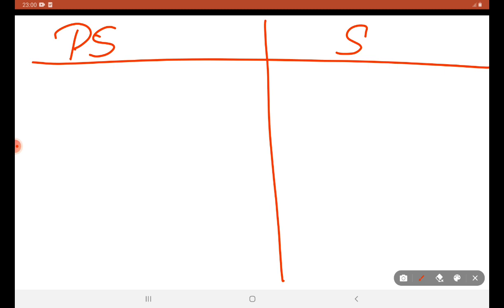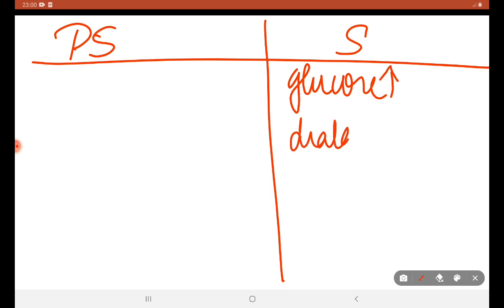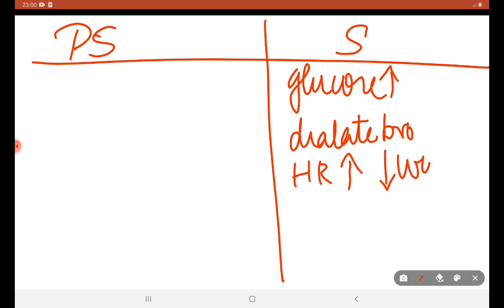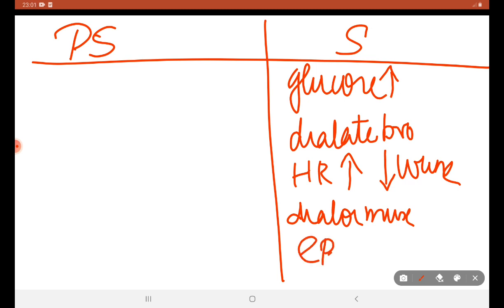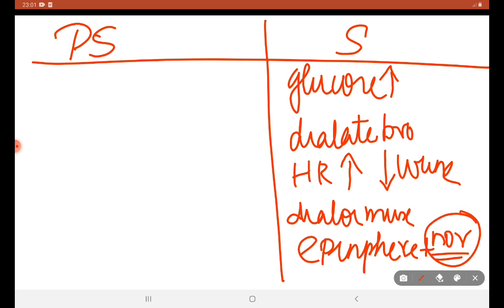In sympathetic system, glucose level will increase, bronchioles dilate, heart rate increases, urine output decreases, pupil dilates, and it stimulates epinephrine and norepinephrine. Okay, so it comes under this category.